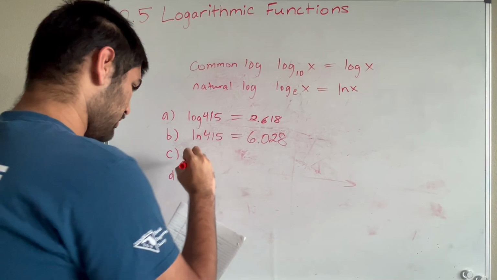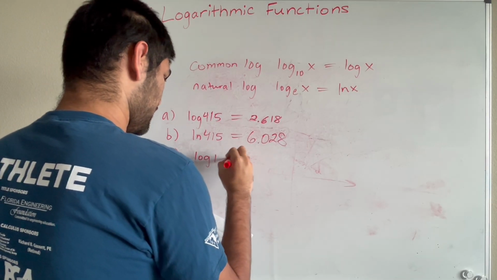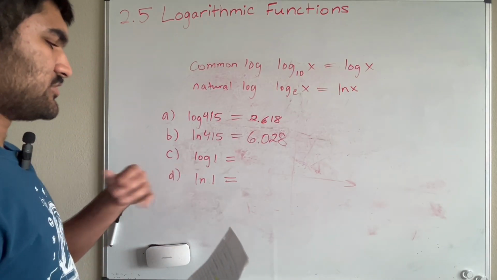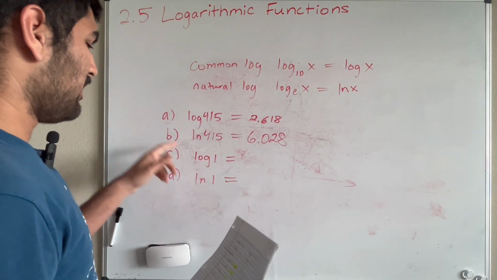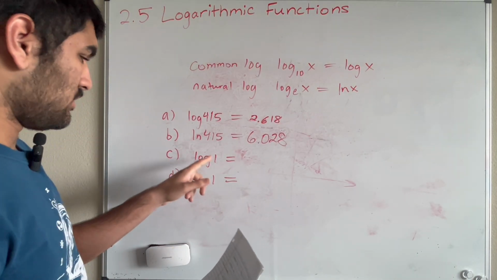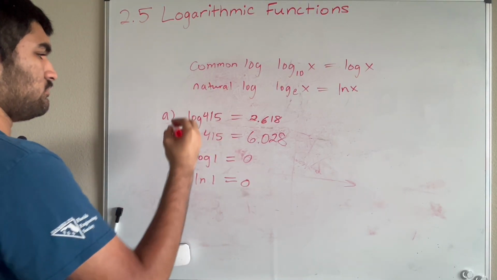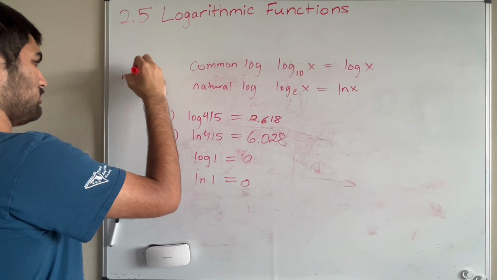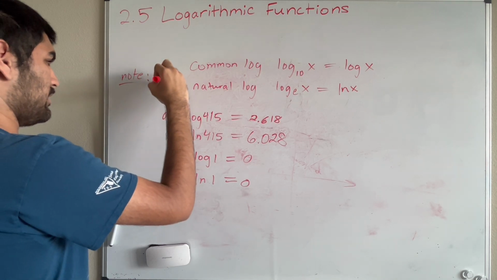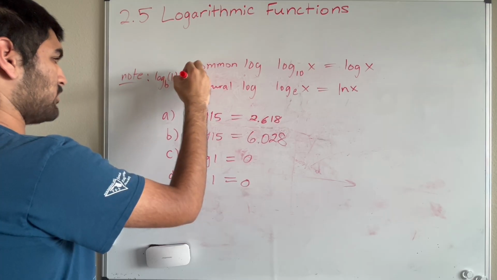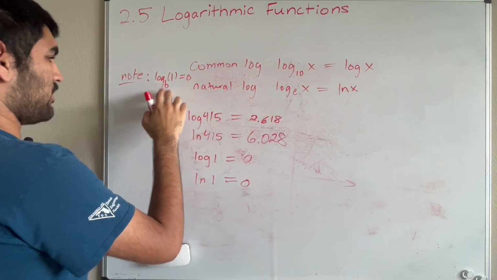Now here is a very interesting and important property of logs, and this applies to all logarithms. If you have log base anything of 1, it's always going to be equal to 0. So this is actually a really good note. If you have log base b of 1, it's always going to equal 0, no matter what the base is.